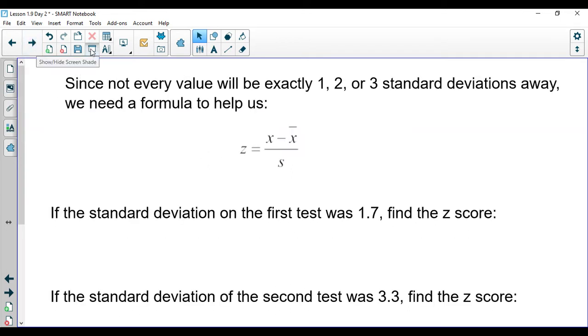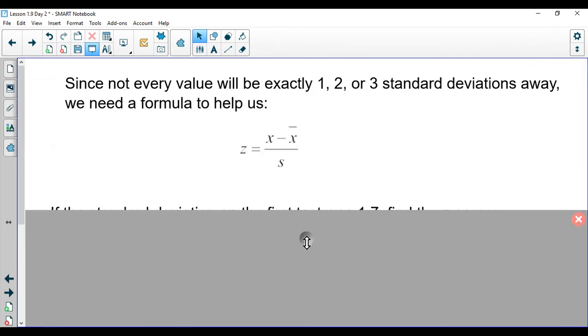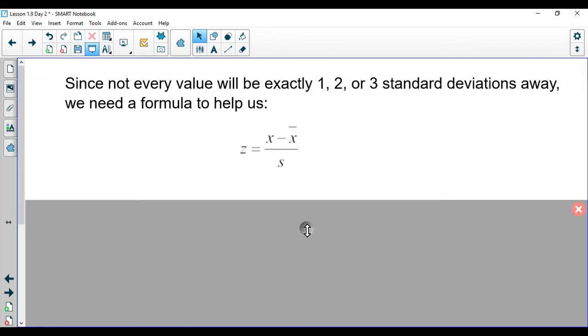More importantly, right now we need a way of figuring out how to find the z-score, because unfortunately not every value we look at is going to be exactly 1, 2, or 3 standard deviations away like those two examples. So we're going to use a formula to help us out. This formula is one we're going to use quite a bit. We're looking at the z-score.